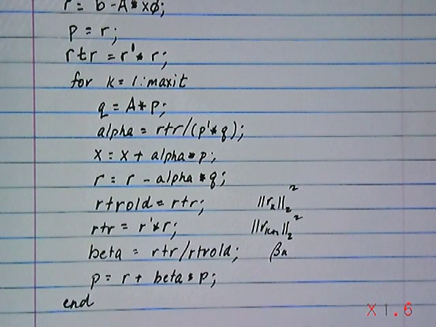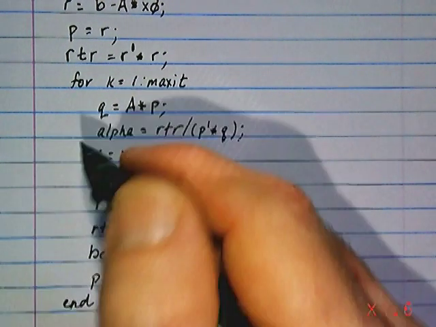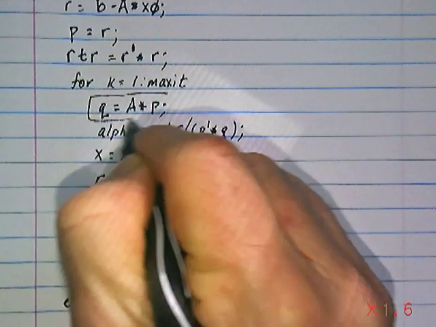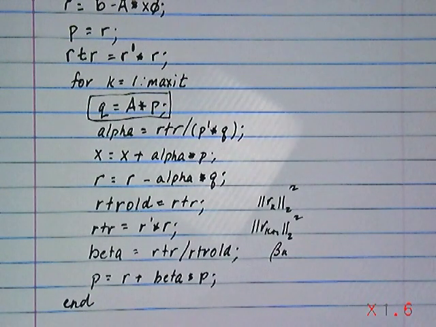So this is an extremely efficient method. Most of the complexity of the iteration of CG is right here in that matrix vector multiplication. That's where most of the complexity is. All right. So really a wonderful method, very, very easy to implement.